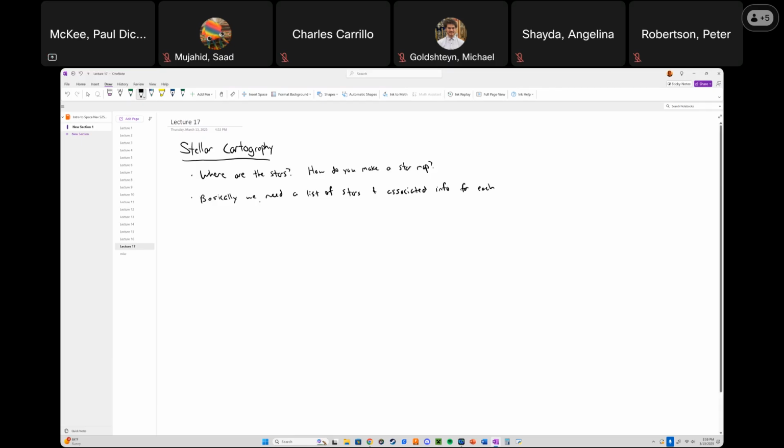So what type of information do we want to know? And I'd like this bit to be interactive. So if you have any ideas, key in your microphone. What would you want to know about a star for your navigation star map?